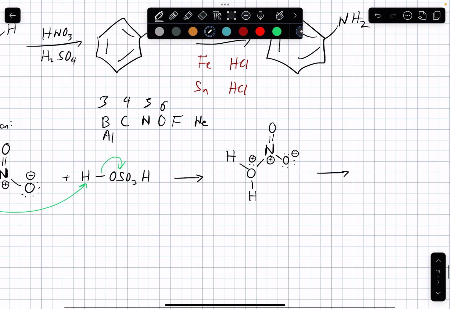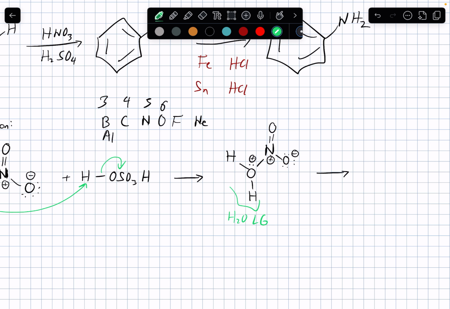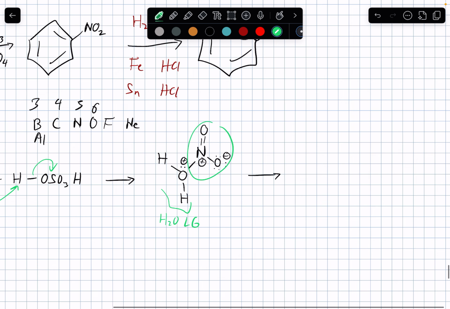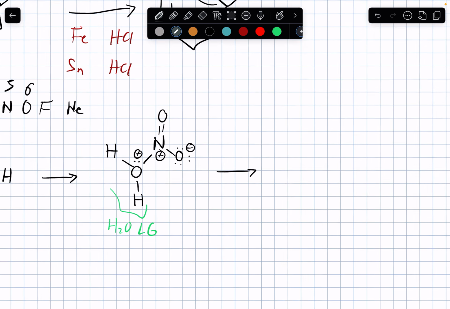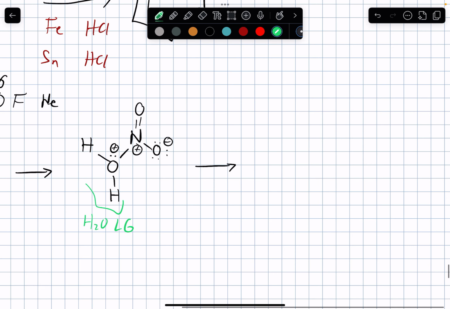One thing to note, by the way, water, this is water, is a good leaving group. Yeah, that is going to be our leaving group. And NO2, this one, is gonna be our electrophile. No? So let's show that.